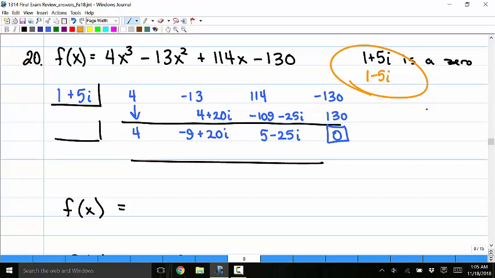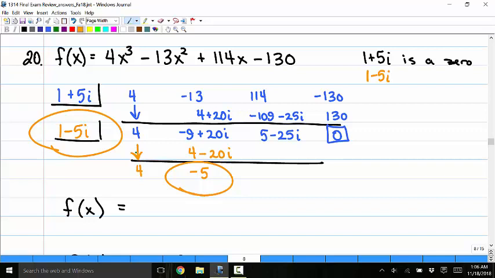Now I also knew that 1 minus 5i is a 0, so let's put that in a half box. Bring down my 4. 4 times 1 minus 5i is 4 minus 20i. Negative 9 plus 20i plus 4 minus 20i gives me negative 5.